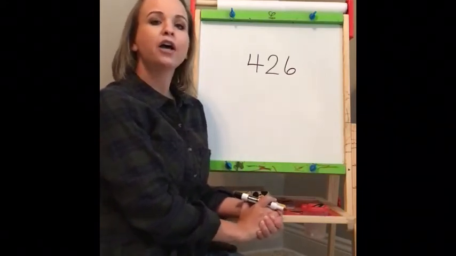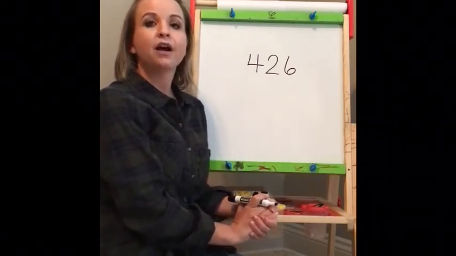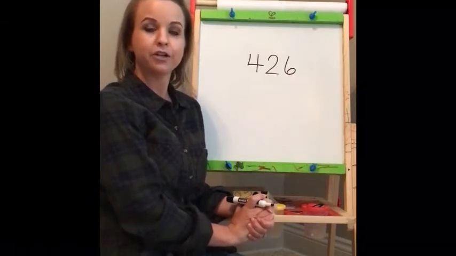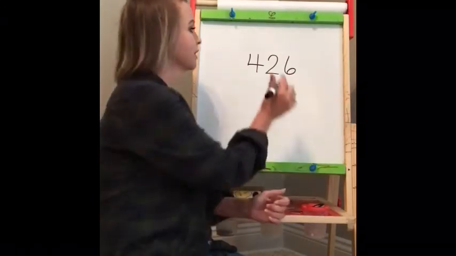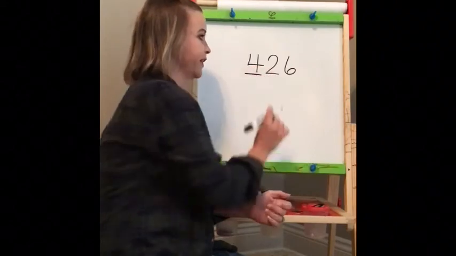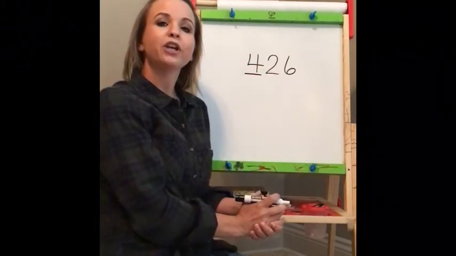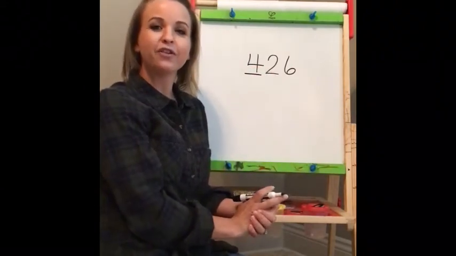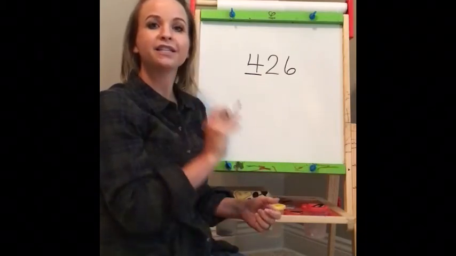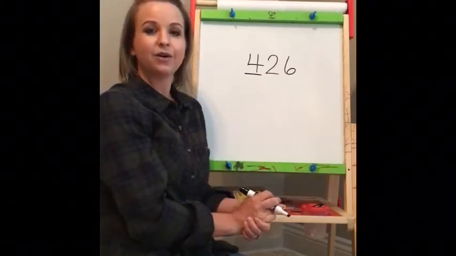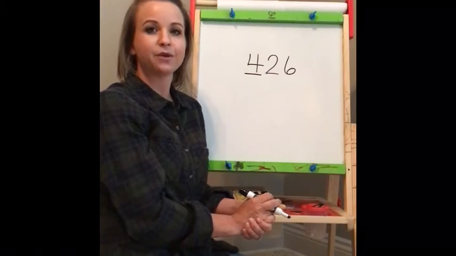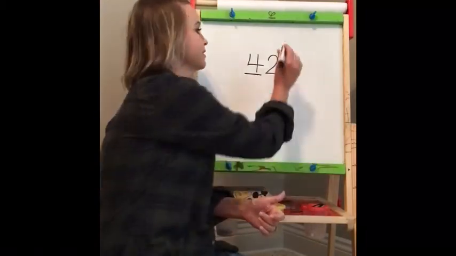I want you to underline the number that's in the hundreds place. Hundreds. The 4. Very good. I want you to put a smiley face over the number in the ones place. What number did you draw a smiley face over? The 6. Very good.